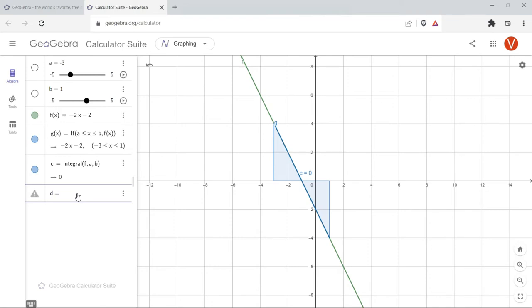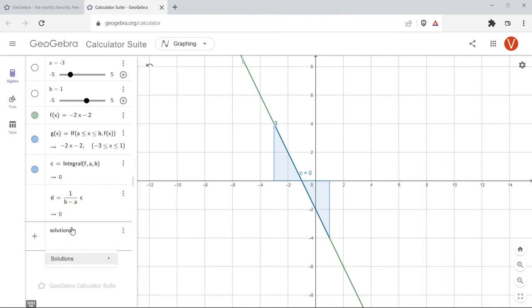If we remember the formula, 1 by b minus a times the integral of f from a to b, which we have already evaluated as c, that gives us 0. We need to figure out the value of x for which f is d. So we need to do some solving.